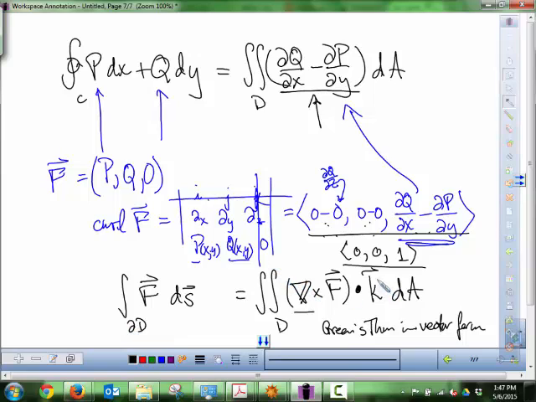I have a double integral here, and I have a derivative inside. Double integral of a derivative, and I'm integrating over some region. The integral of a derivative over something is one less integral of the original function at the boundary. Let's put a circle there just for kicks.